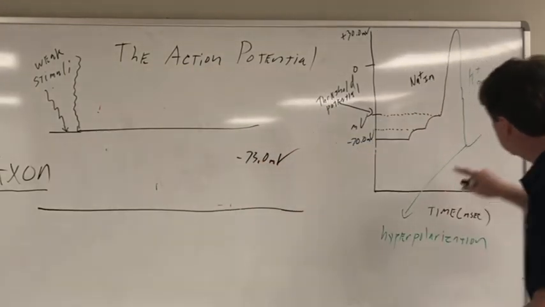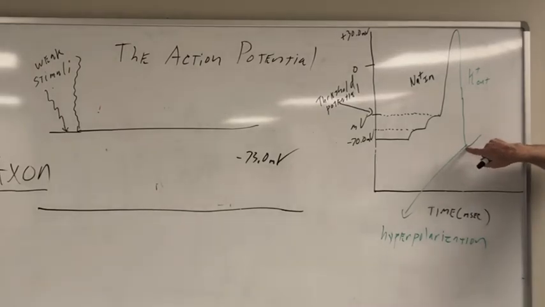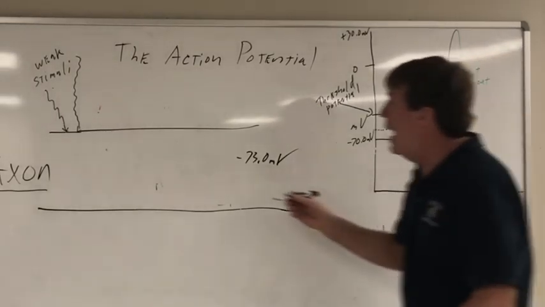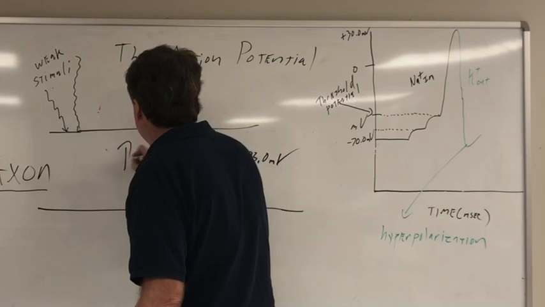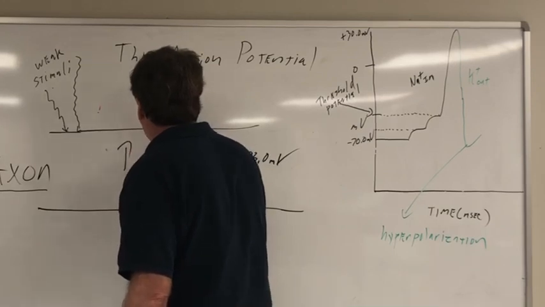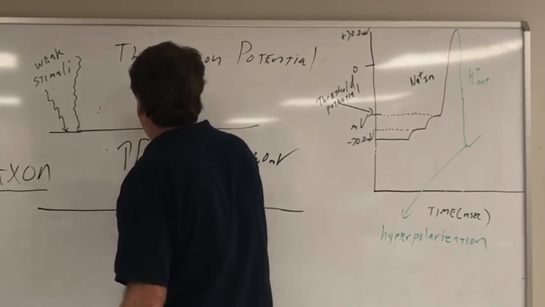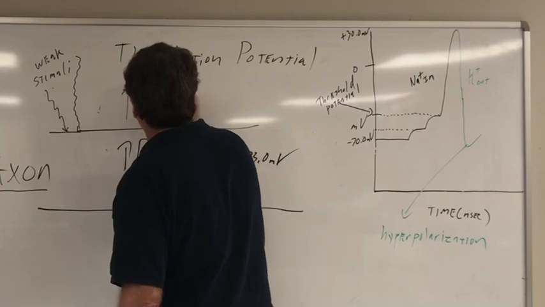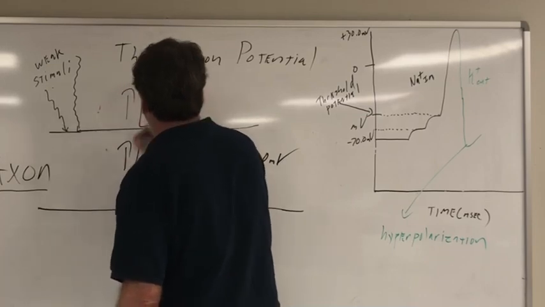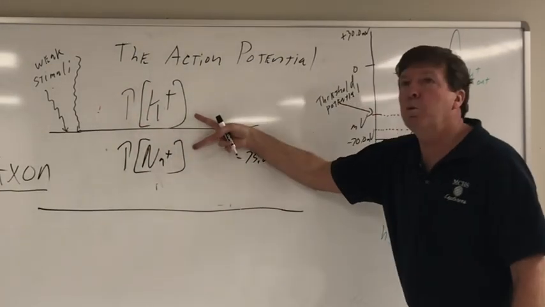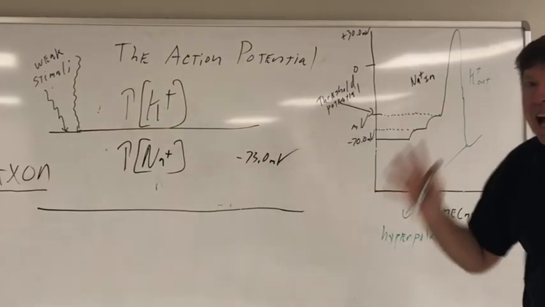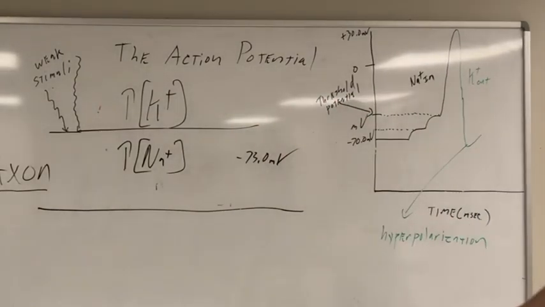Now though, at this exact point, we have high sodium in and high potassium out. So these are reversed, and at that point, you can't have an action potential, okay?